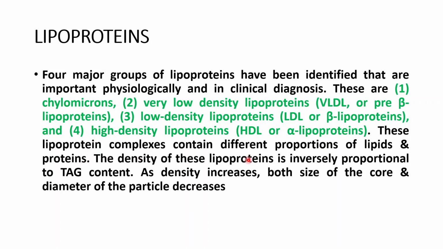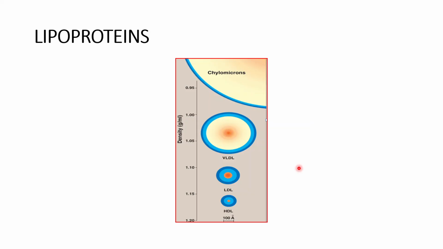Okay, the density of these lipoproteins is inversely proportional to the TAG content. So as density increases, both the size of the core and the diameter of the particle decrease. Now if you see from upward to downwards, density increases, but the diameter of the particle decreases.